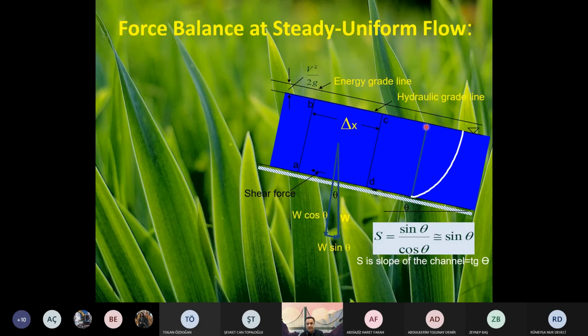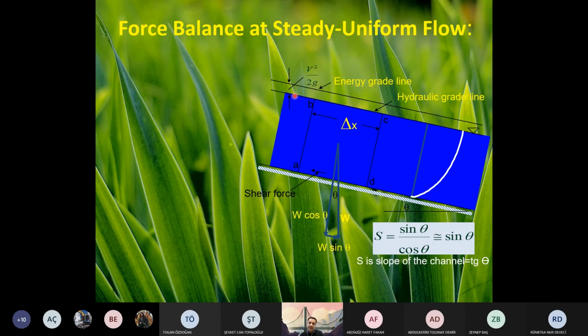So we defined the slope. We also see hydraulic grade line and energy grade line. These are something that you already know from your fluid mechanics. In natural channels, hydraulic grade line shows water surface level.